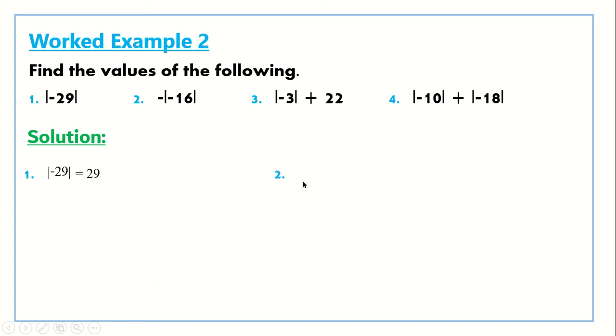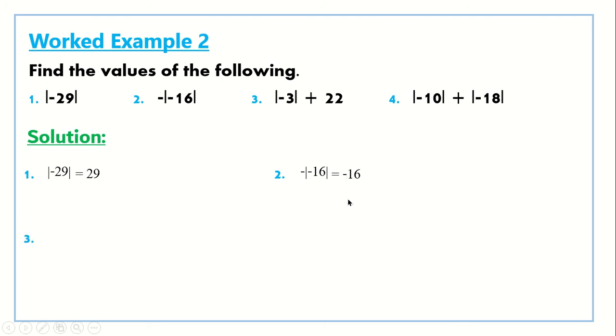Number 2, we need to know the negative of the absolute value of negative 16. Definitely we know that the absolute value of negative 16 is 16. But because we have this negative, we indicate this negative here.